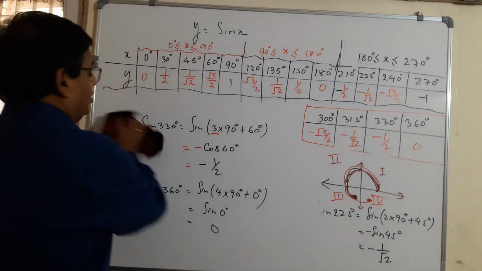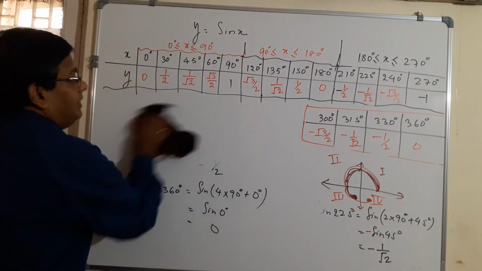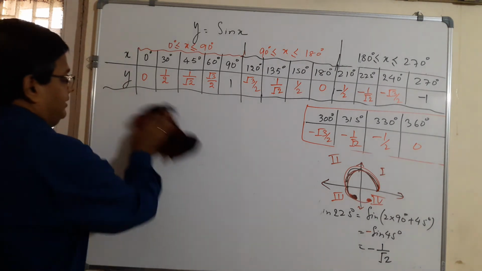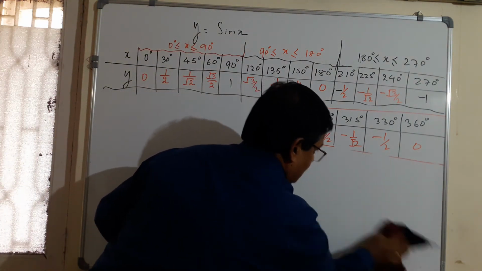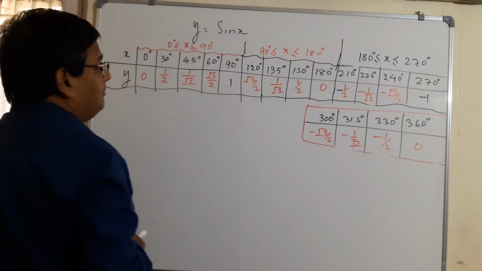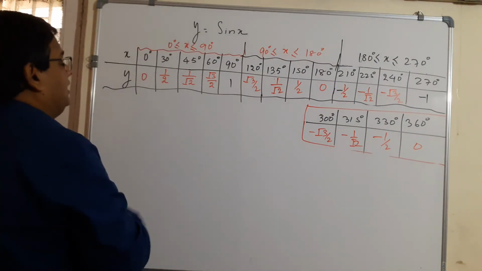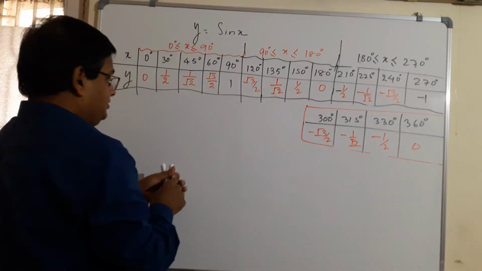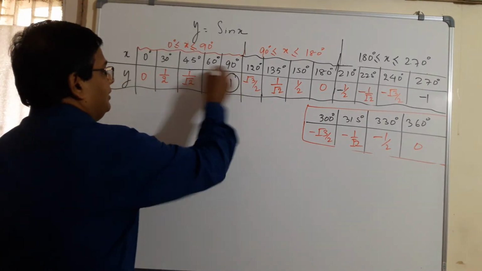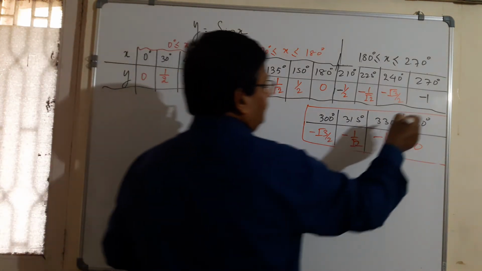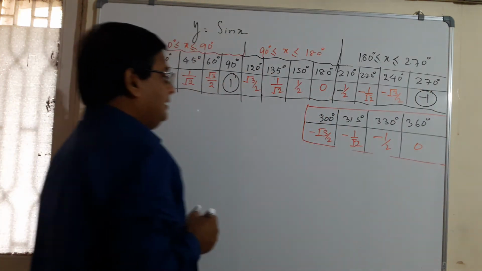Now see here, you got all the values in all 4 quadrants. So see here the maximum value of sine. This is the maximum value. Maximum value is 1 and minimum value is minus 1.